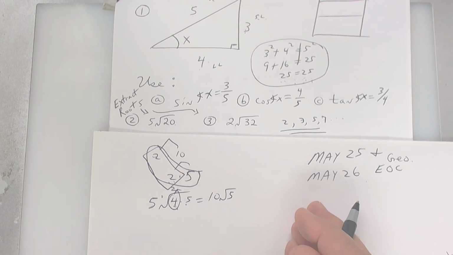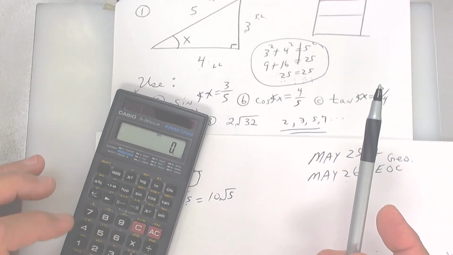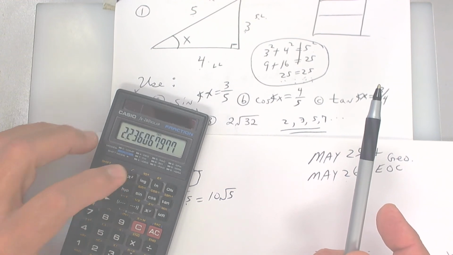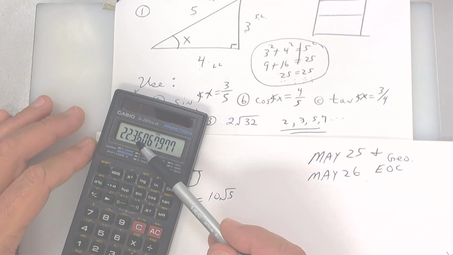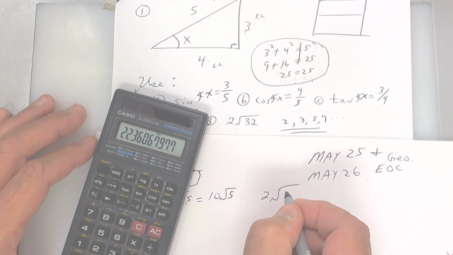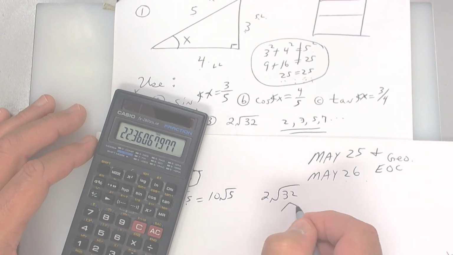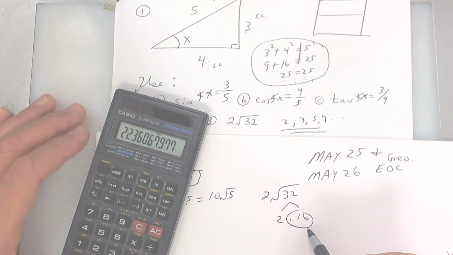Now if you want to check it, it should be the same thing as what I had before. So I'm going to press 5, shift, square root, times 10. And this lets you know if you're doing it right. And it's exactly the same thing I had before. I'm going to do one more. 2 square root of 32. Start off with 2s. So 2 times 16. Bam! 16 is a perfect square. 4 times 4.